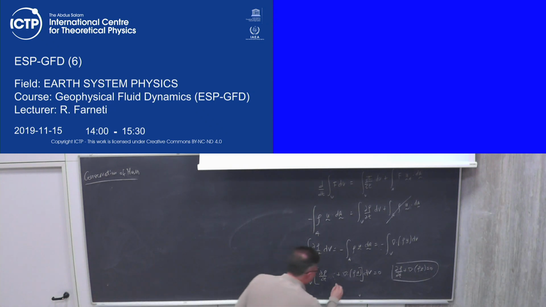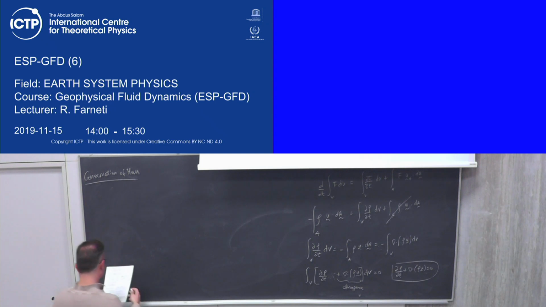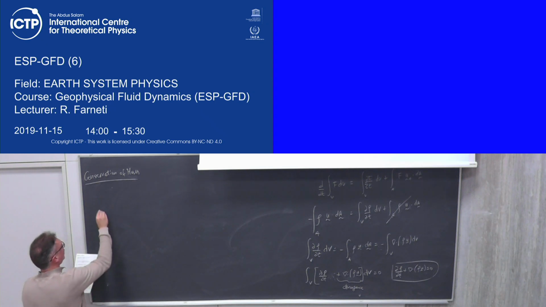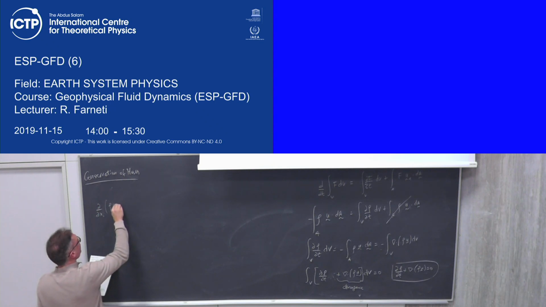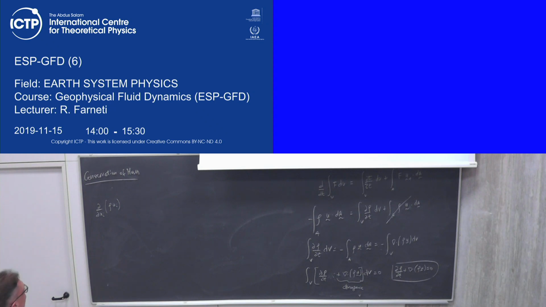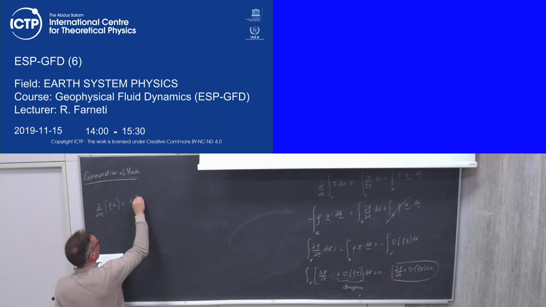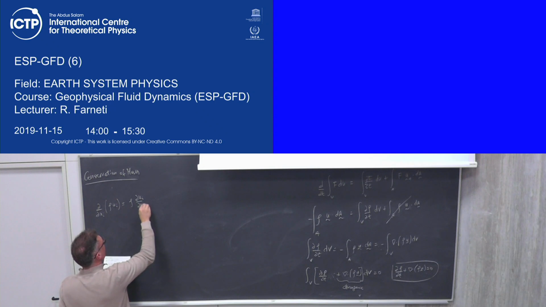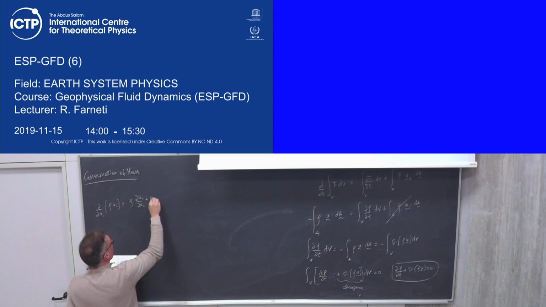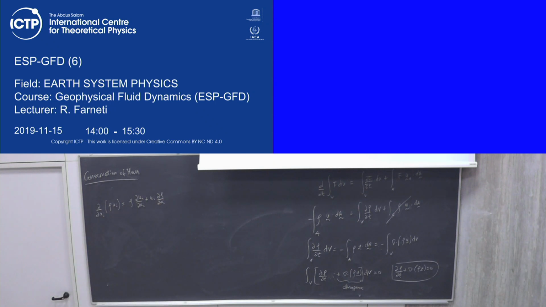So this is the divergence term that we obtain by going from an area integral to a volume integral through Gauss. The divergence term, we can write in tensor notation like this, and I can split it into these two terms.